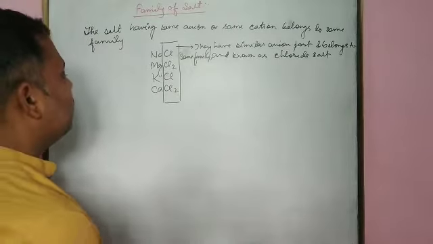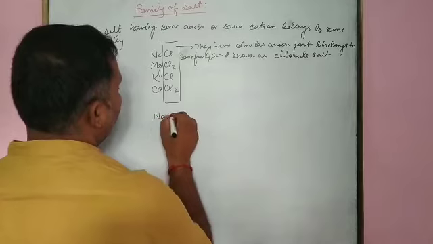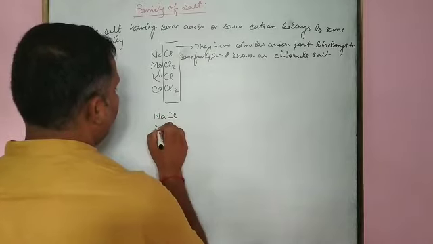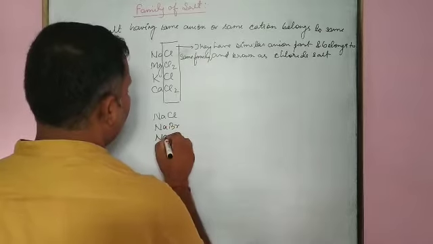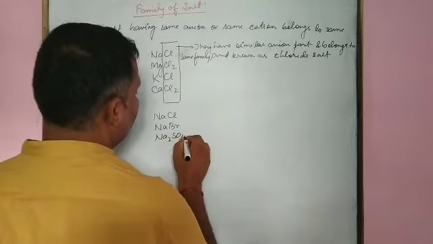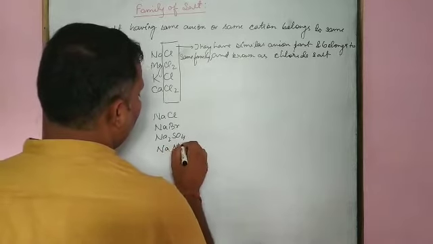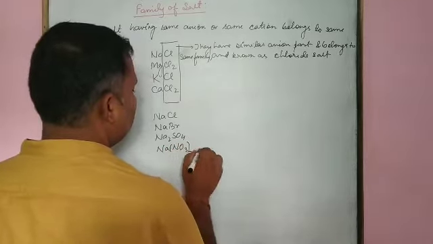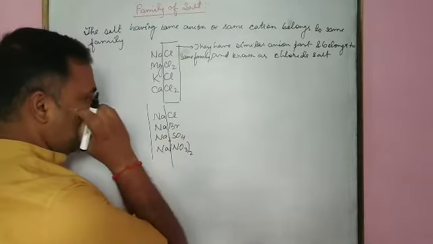Next, we will take NaCl, NaBr, Na2SO4, NaNO3. What we see is they have the same cation part.